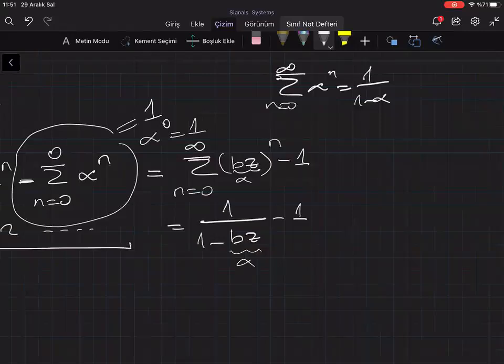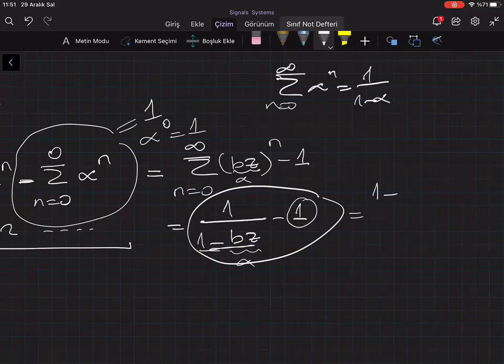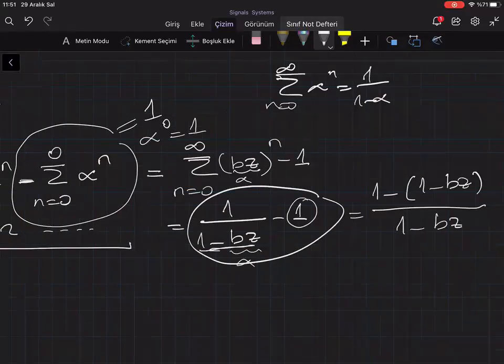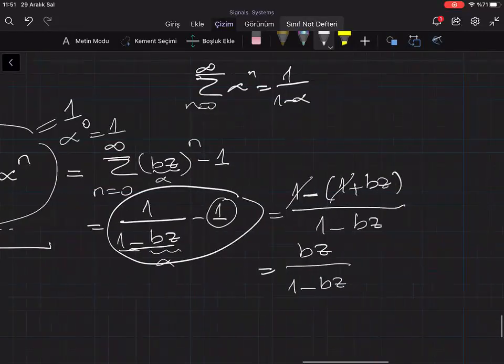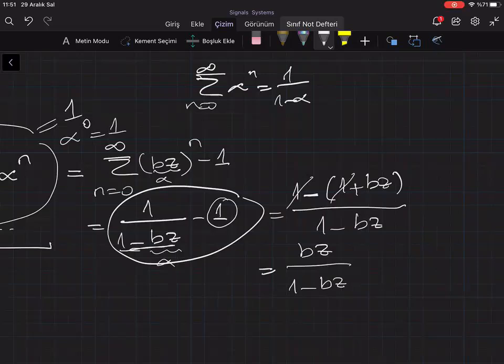If I see this, I'm gonna do 1 minus this times this, 1 minus bz, divided by 1 minus BZ. Then these ones will go away, this minus will become plus, and then it is now BZ divided by 1 minus BZ. Then what should I do? I should convert this into a Z to the power minus 1 situation. That's why I divide both sides by BZ.